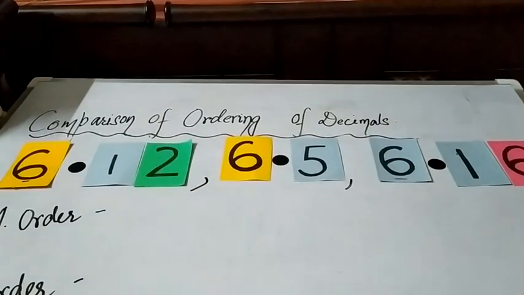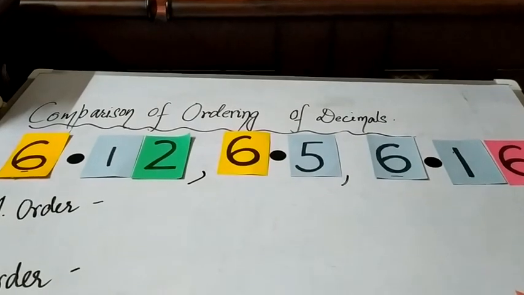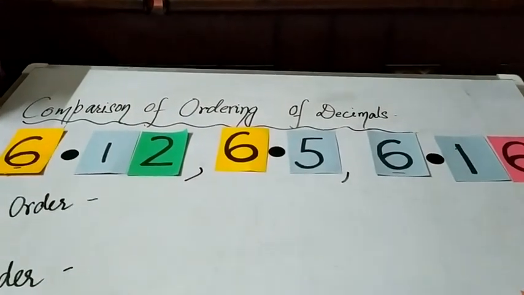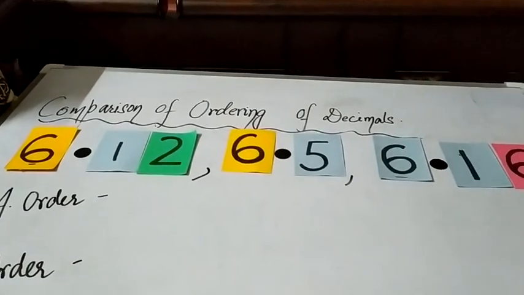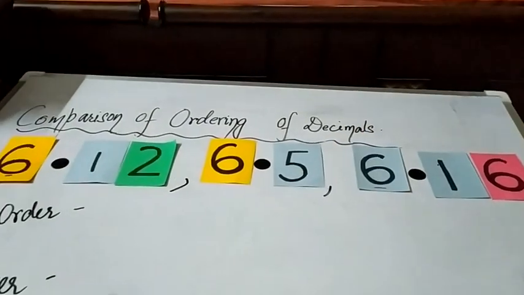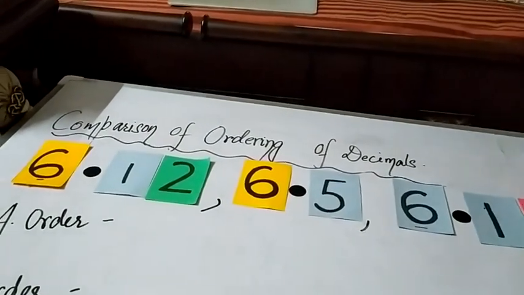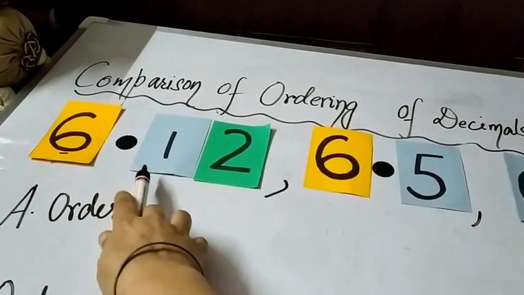Now look at this number. First thing is to compare the whole numbers. In the first number the whole number is 6, in the second number the whole number is 6, and in the third number the whole number is 6. So what we have to do next is compare the numbers after the decimal.